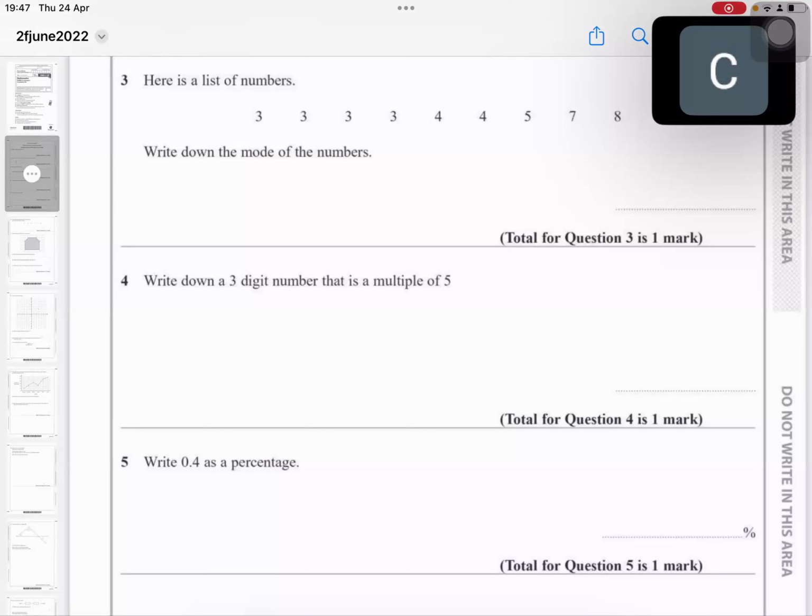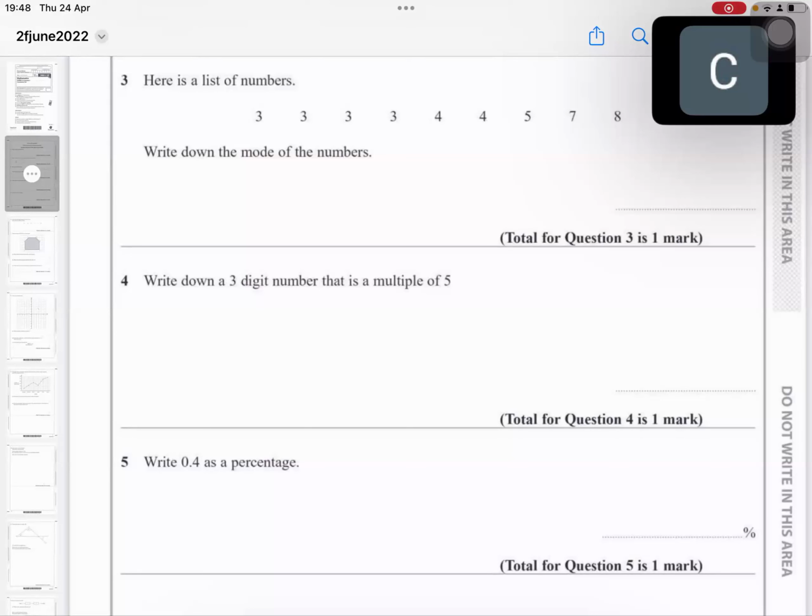What's the next one? It says write down a 3-digit number that is a multiple of 5. A 3-digit number that's a multiple of 5. There are 2 that come to mind: 125, 625, right?